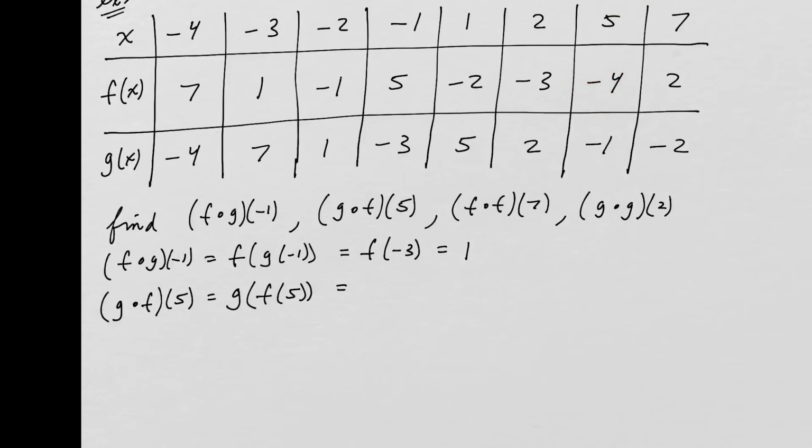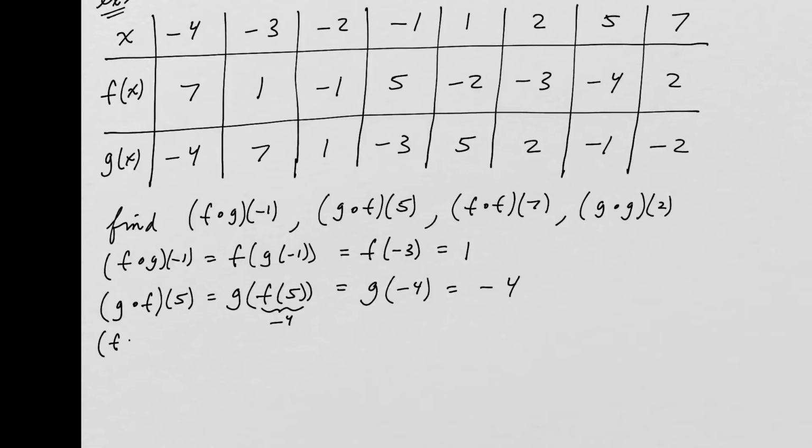So that -4 now becomes the input to the g function, to the outside function, right? So I go to my g function. If the input is -4, what's the output? It also happens to be -4, right? So in this case, the answer is going to be -4.